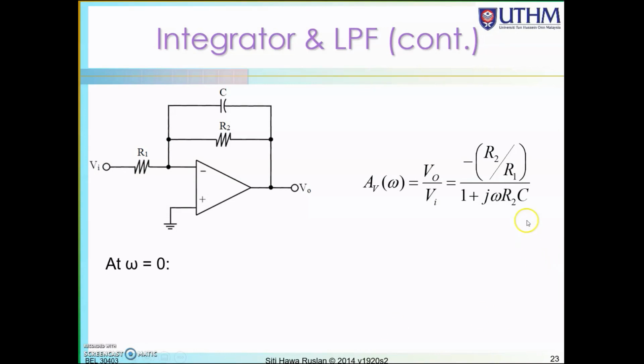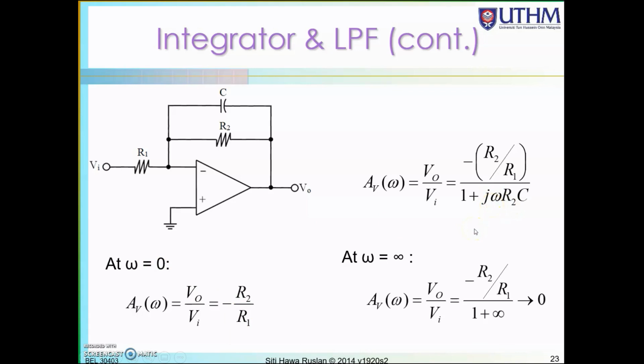So this is the transfer function just now. At omega 0, what will happen to the gain? This term will be 0, so minus R2 over R1 divided by 1. You simply get minus R2 over R1 at omega 0. And if omega is infinity, this term is infinity, 1 plus infinity is a very large value, and minus R2 over R1 divided by a very large value goes to 0.